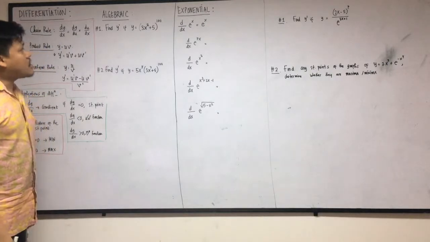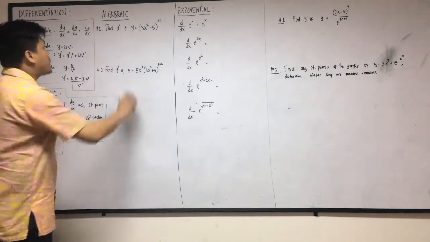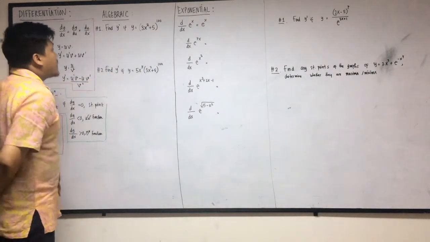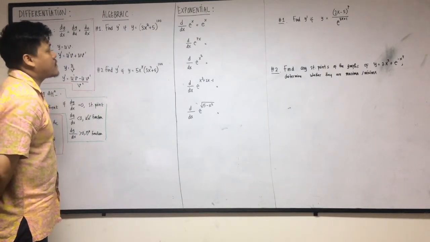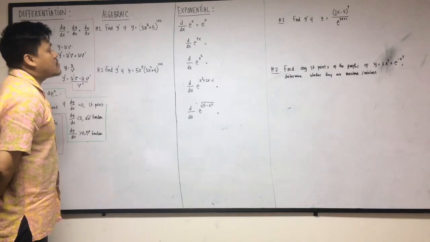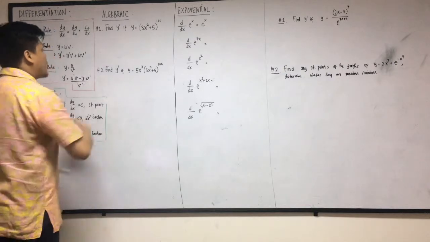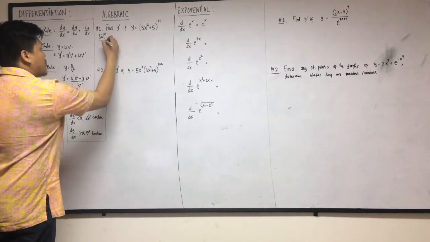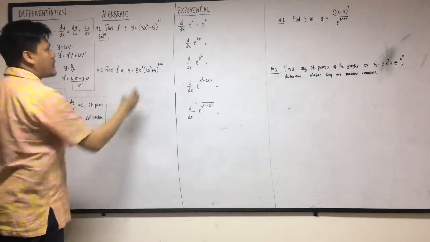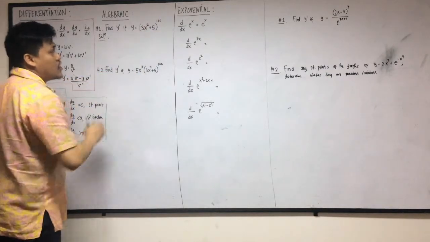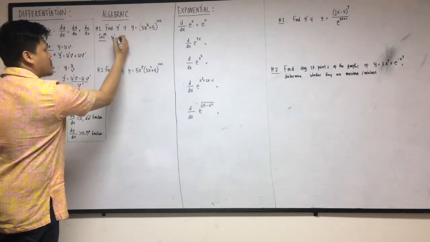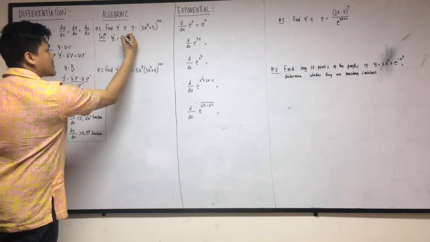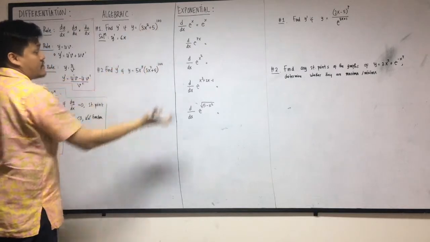Let's just try to solve a few things first. For example, this one. Find the derivative if y equals 3x squared plus 5, all to the power of 100. The best way to do this is by using the chain rule. You have your inner function and your outer function. Your inner function would be 3x squared plus 5. If you differentiate that, you would get 6x, plus 0 for the constant.